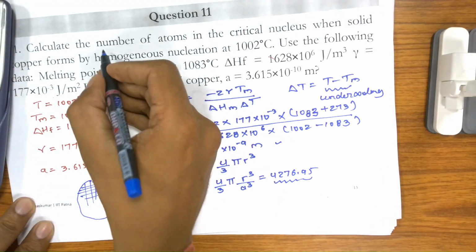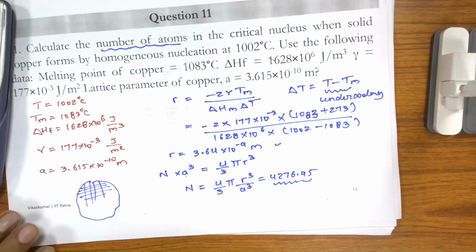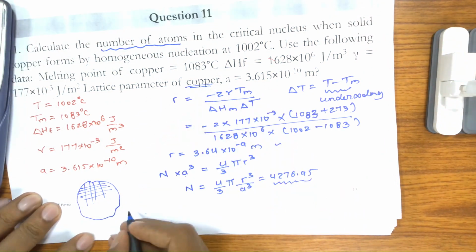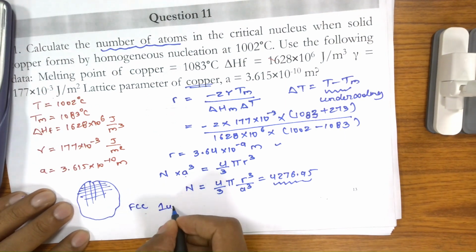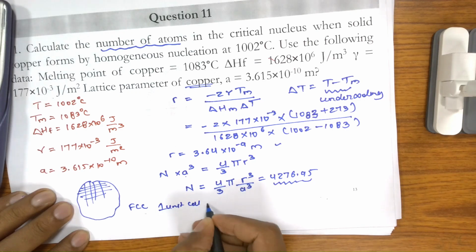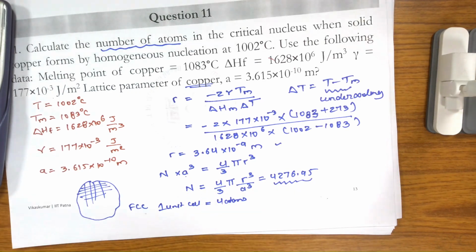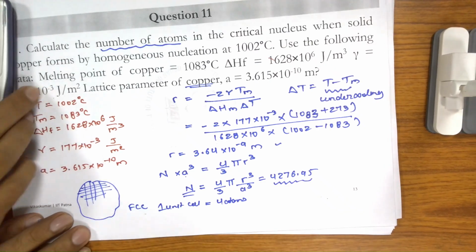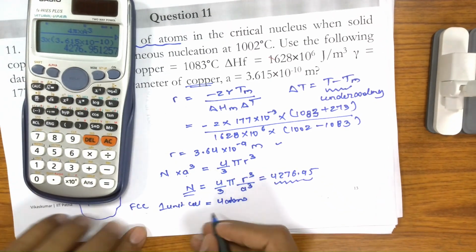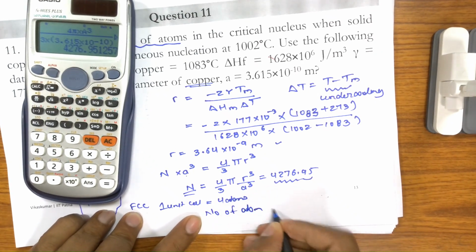What we have to find is the number of atoms, right? We know copper is FCC, so in one unit cell there will be a total of 4 atoms. Now these 4 atoms and the number of unit cells are given to us, so all we have to do is find the number of atoms.